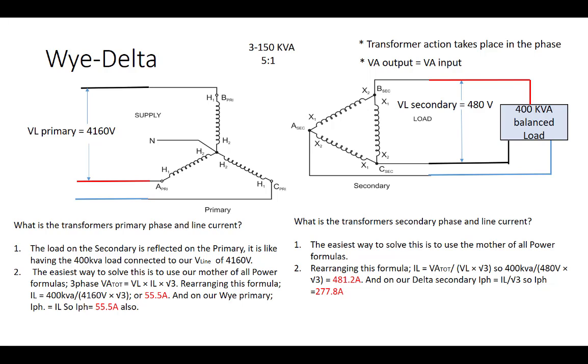So 400 kVA divided by 480 volts times root 3 will give us a line current of 481.2 amps. And in delta, the phase current is always the line current divided by root 3. So our phase current for this system would be 277.8 amps. That's basically it for three-phase Y delta connection.